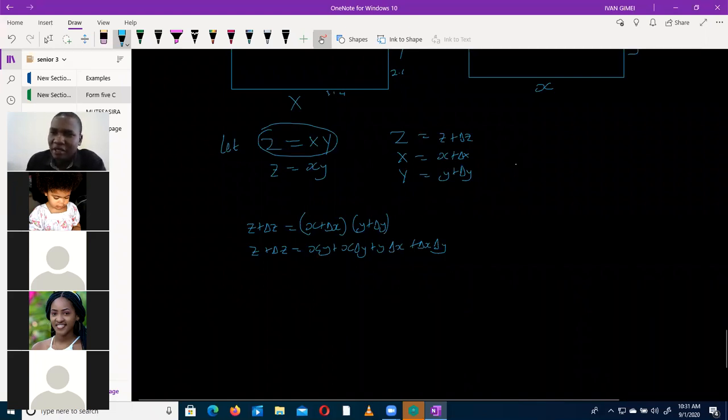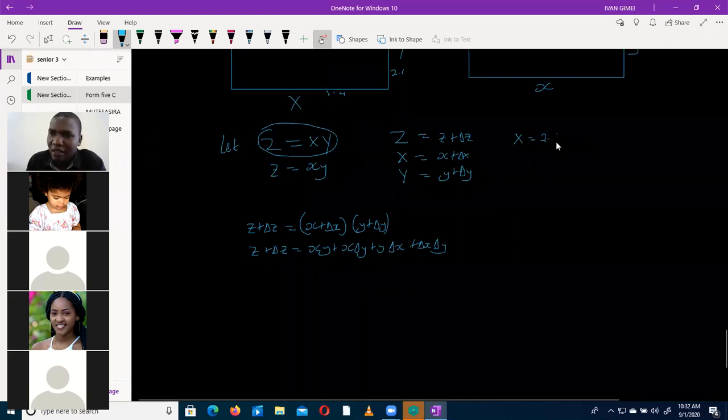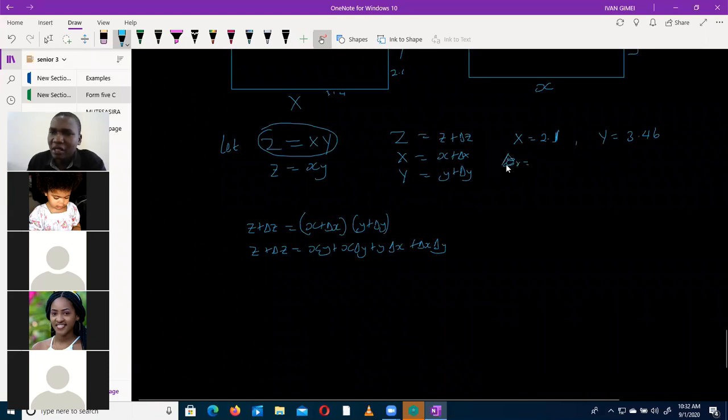Let me give you another simple example before we proceed. If x is 2.1 and maybe my y is 3.46, what is the maximum error that can be made in x? Error in x will be a half times 10 power negative 1.